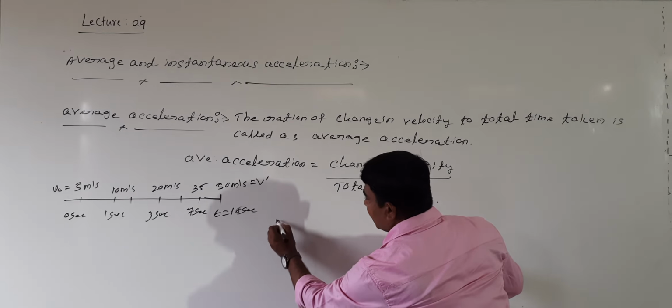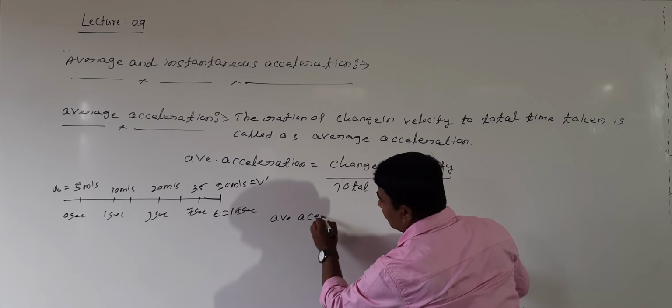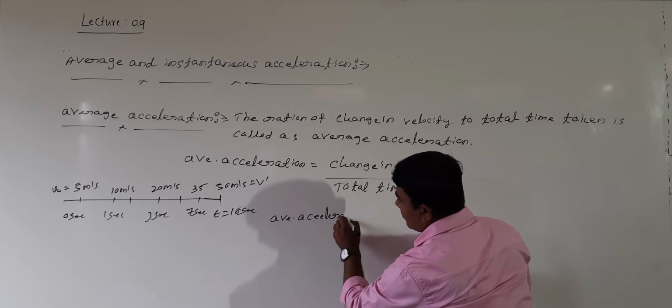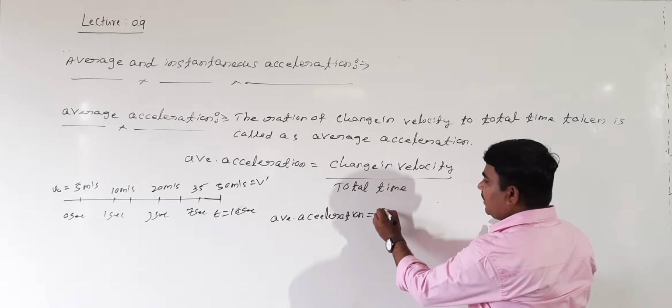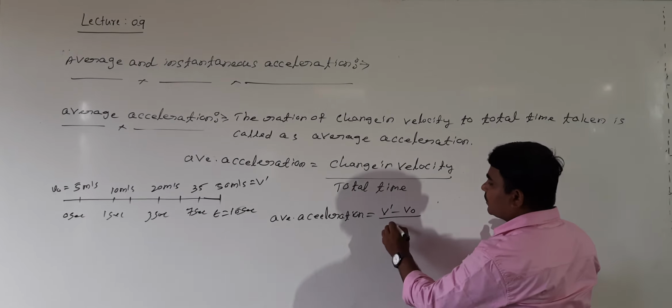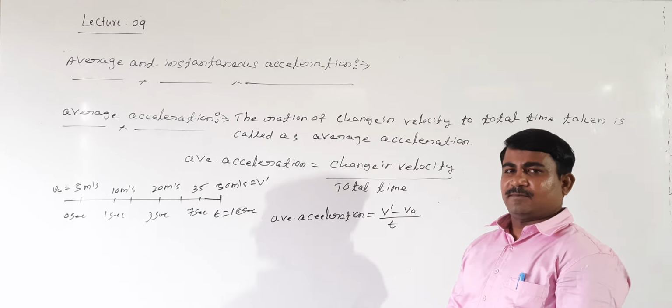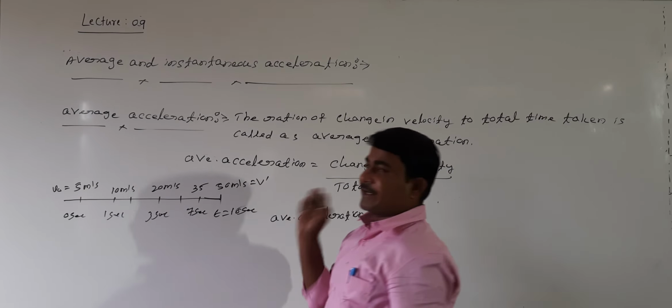How to write average acceleration? Change in velocity. What is change in velocity? Final velocity minus initial velocity divided by total time interval. The time interval will be from 0 to 10 seconds.